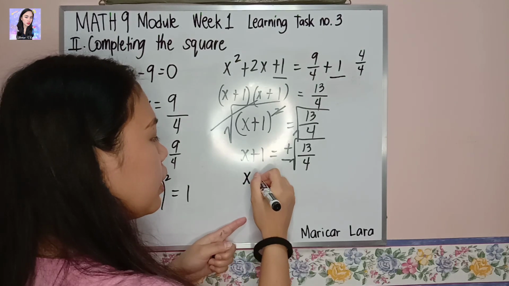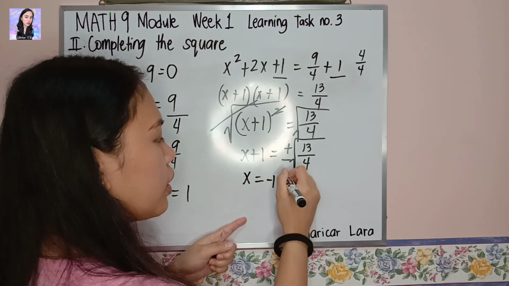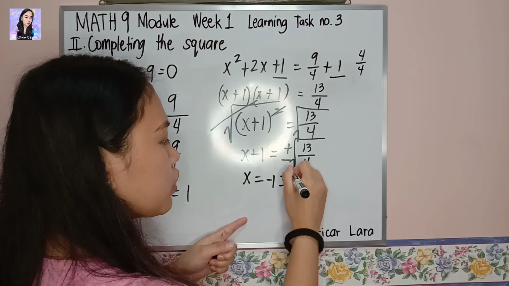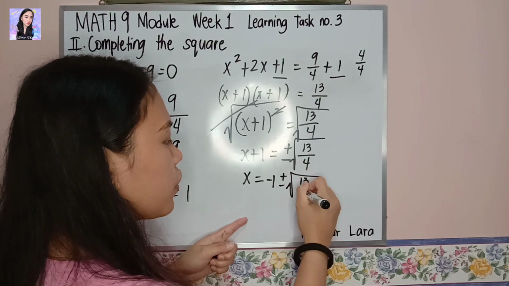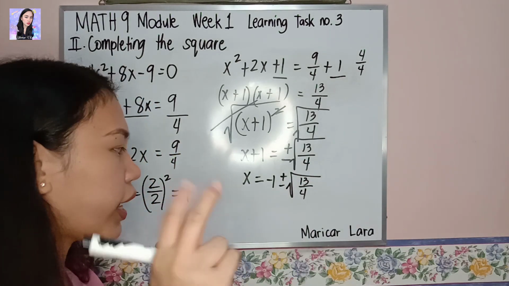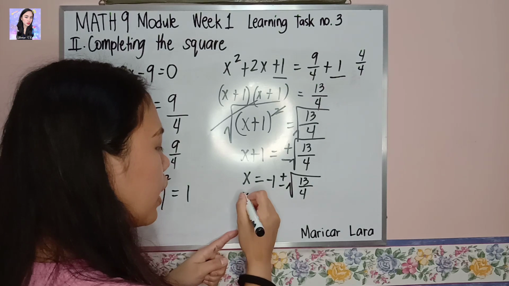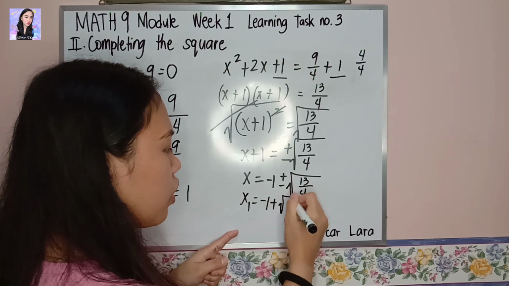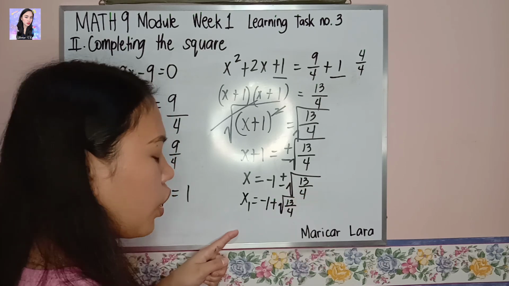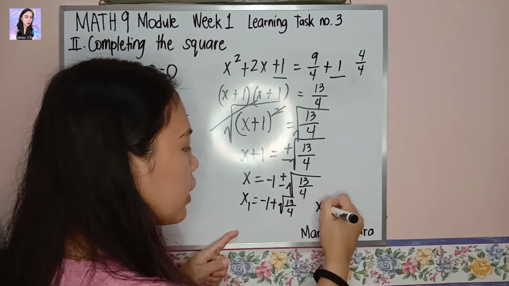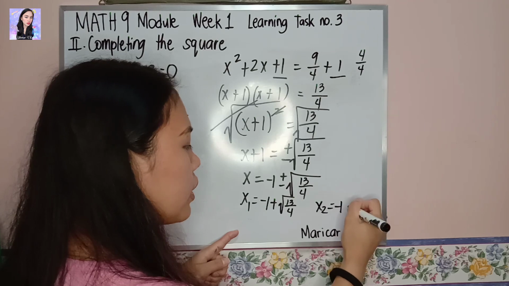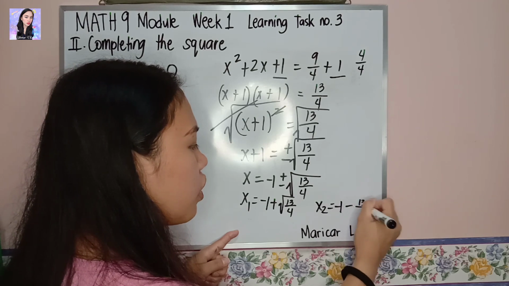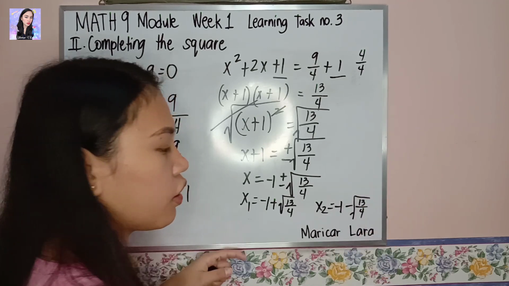So x equals negative 1 plus or minus the square root of 13 over 4. So, dalawang answer natin. Yung unang answer natin ay negative 1 plus the square root of 13 over 4. Ang second answer natin ay negative 1 minus the square root of 13 over 4.